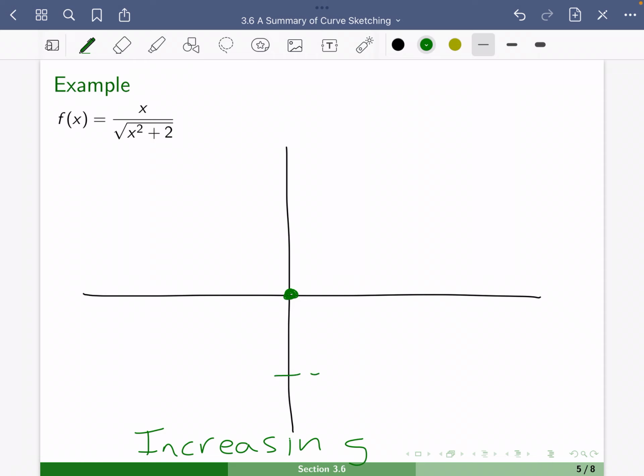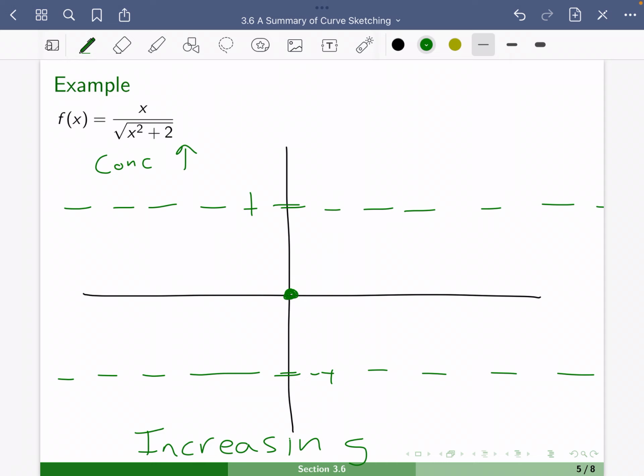When we look at our end behavior, at negative 1 and positive 1, we have some horizontal asymptotes. And we were concave up from negative infinity to 0. At 0, we turned and started being concave down. And that is our curve.